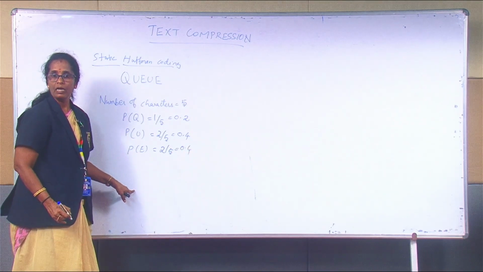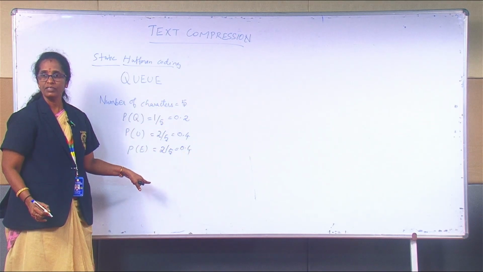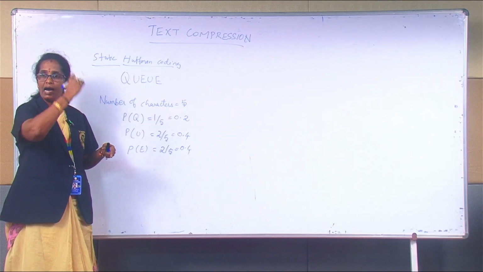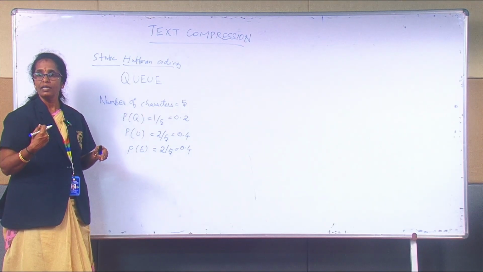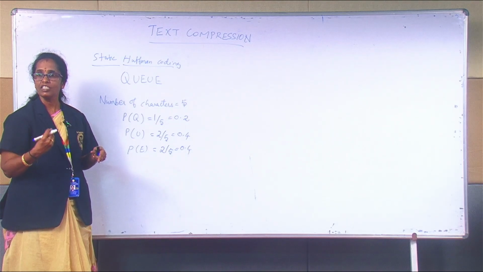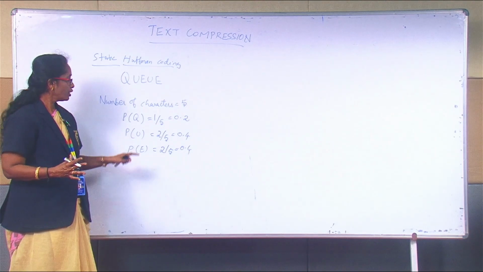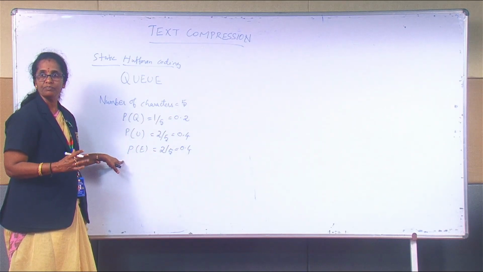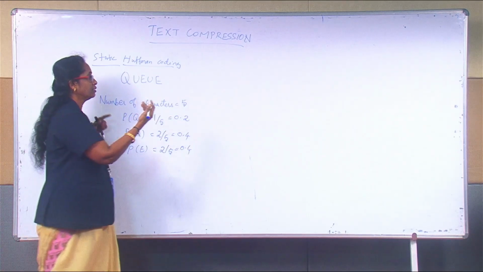0.4. After finding the probability of each character, the Huffman coding algorithm arranges the symbols in descending order with respect to the probabilities. Among these, which has the highest probability? U and E. Either U or E can be placed at the top.